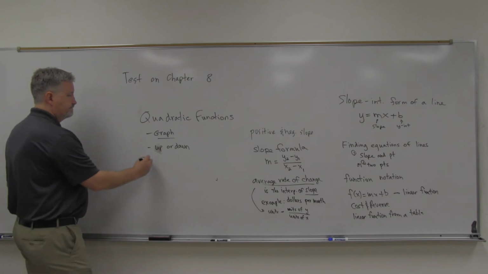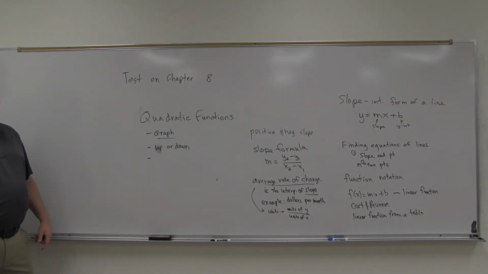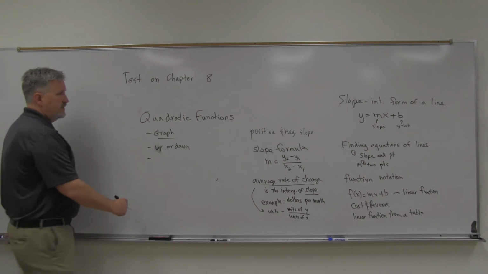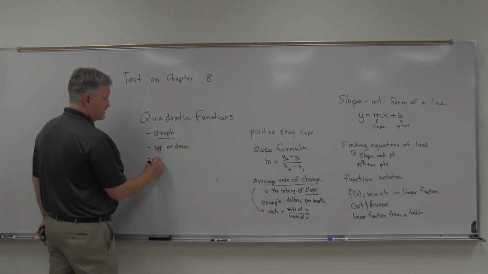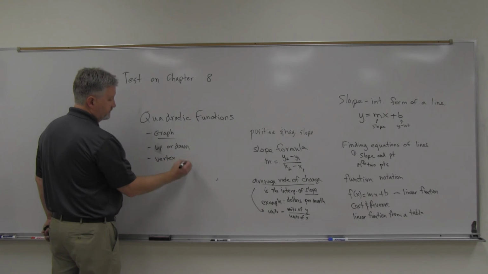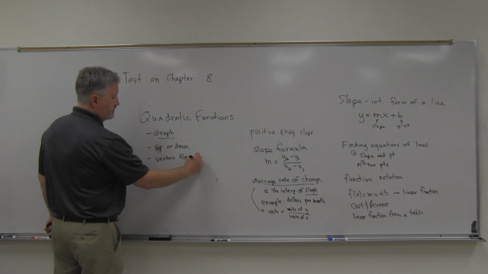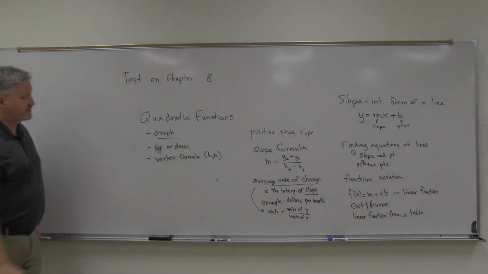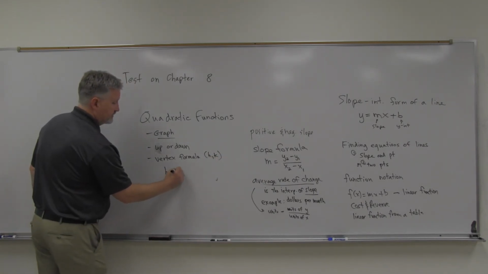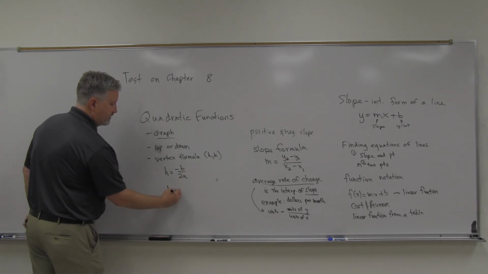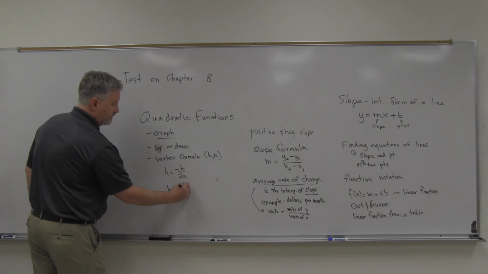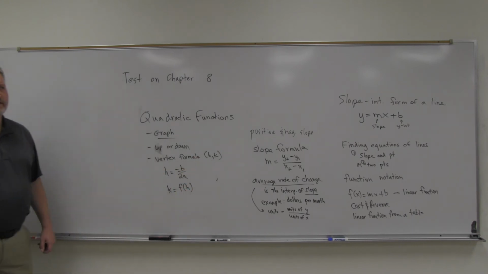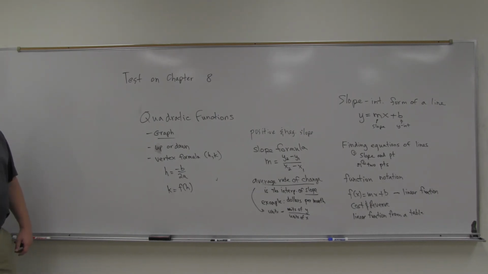Of course, the other thing there is talking about the vertex. Sometimes you can graph it and just see what the vertex is, but one other formula to remember, vertex formula. Remember your vertex, usually you denote that as h comma k, and then the vertex formula, h equals negative b over 2a, whatever that equals, then your k value is f of whatever h is. Plug it in, and that'll give you the vertex.